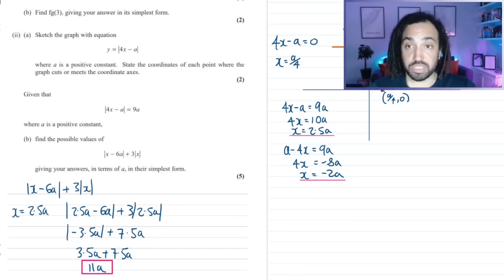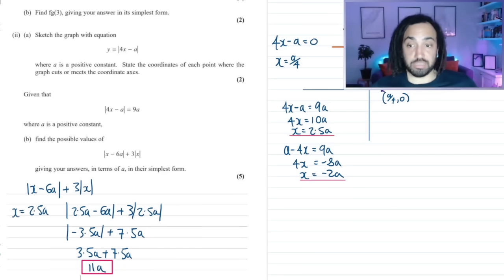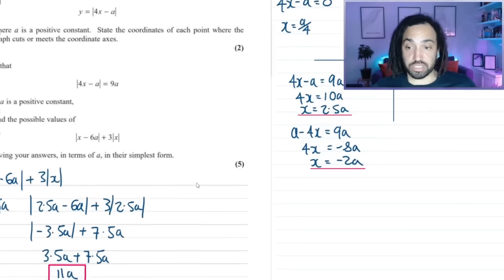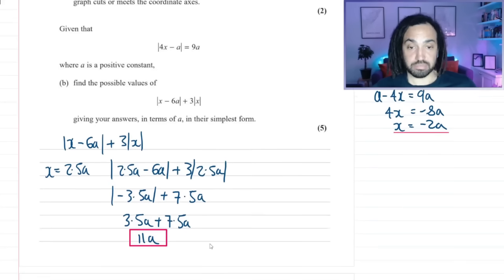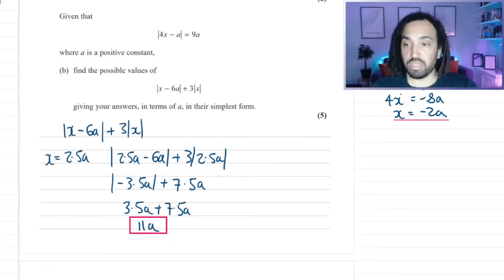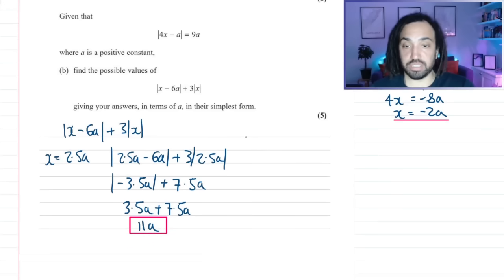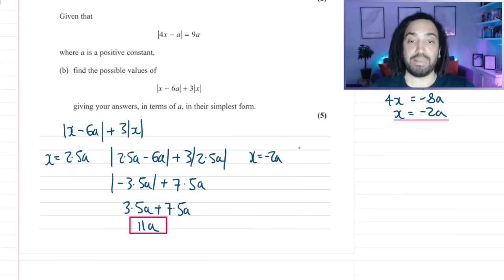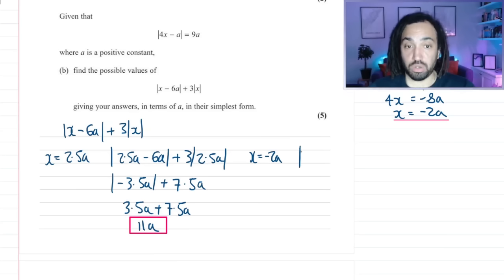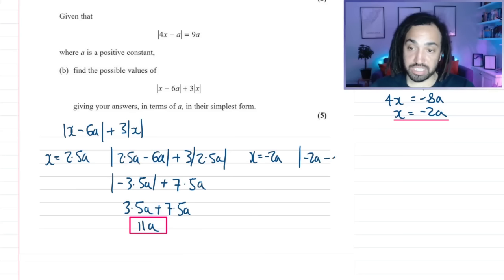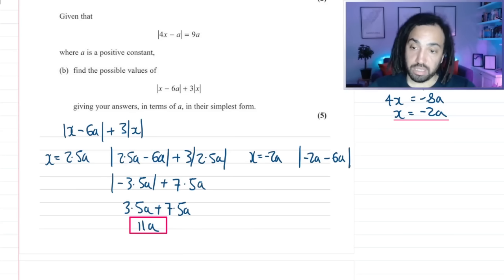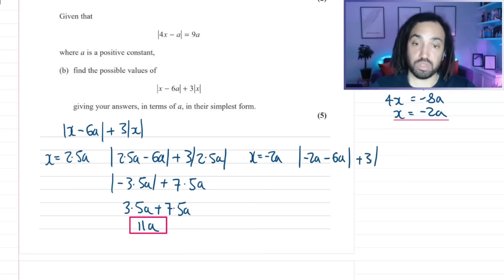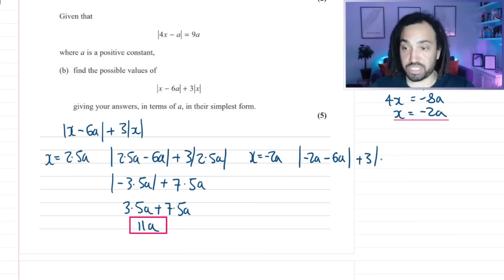Now the other solution is going to come by substituting in x is equal to minus 2a. So using this one here. Okay, so when x is equal to minus 2a, we will get the modulus of x, which is minus 2a, minus 6a, plus 3 lots of the modulus of x, which is minus 2a.